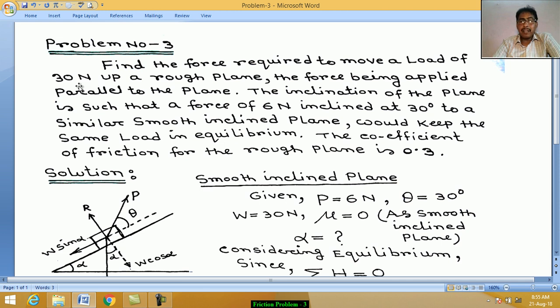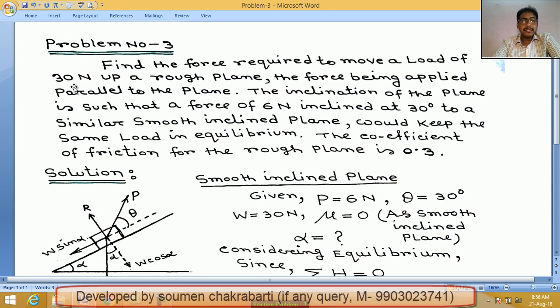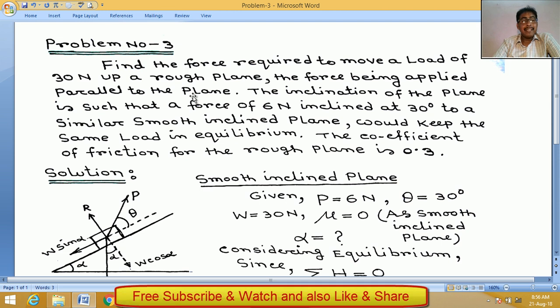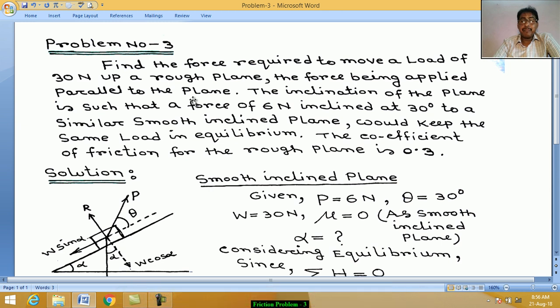Load of the body is 30 Newton. Rough inclined plane, inclination not given. Force applied parallel to the rough inclined plane. Here the inclination of the plane is the same.